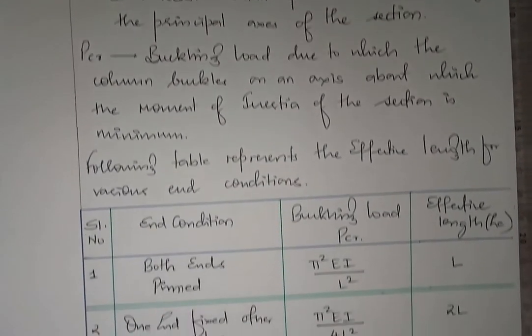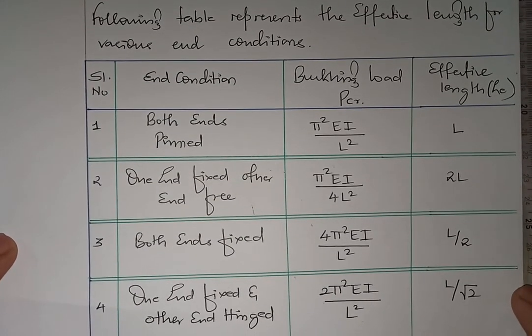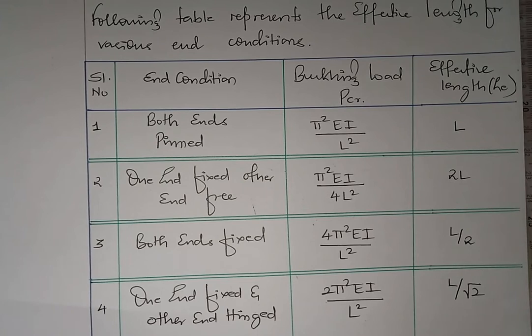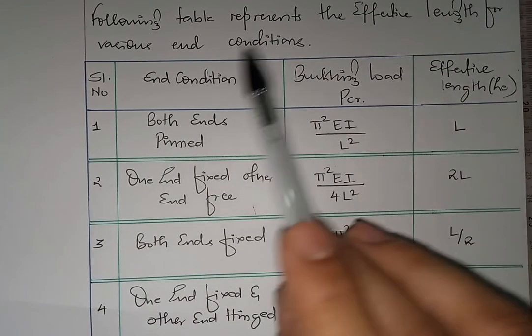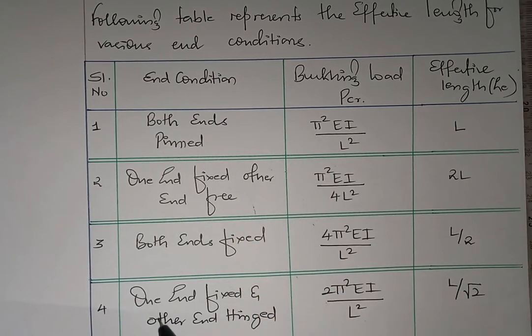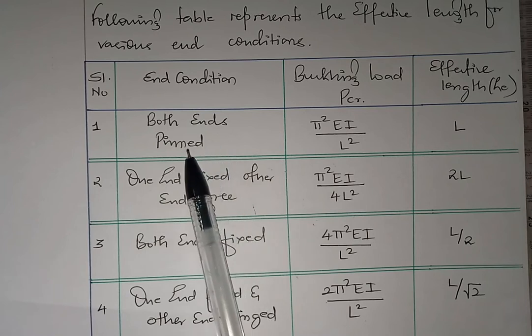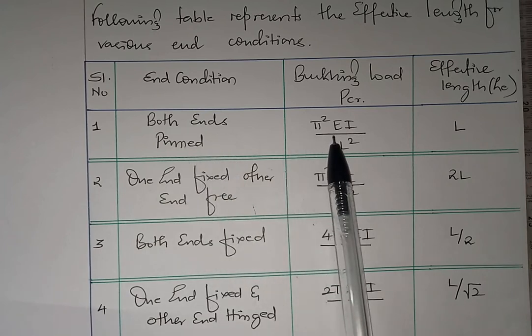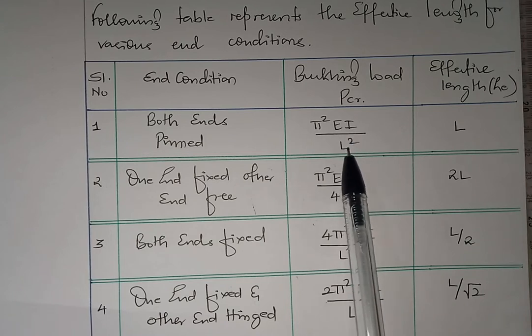For that we need to remember this table. It is a very important table whenever you are dealing with columns. The following table represents the effective length for various end conditions. There are four end conditions. The first one is both ends pinned. There PCR, that is the buckling load, is equal to pi square EI divided by L square. This I already derived.